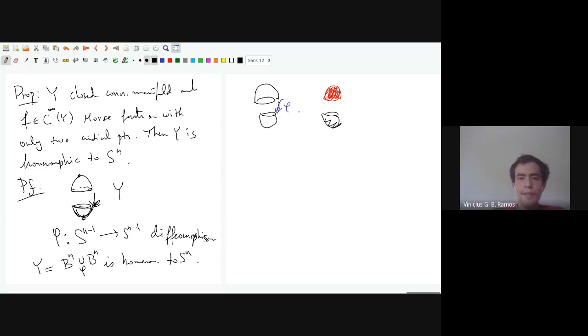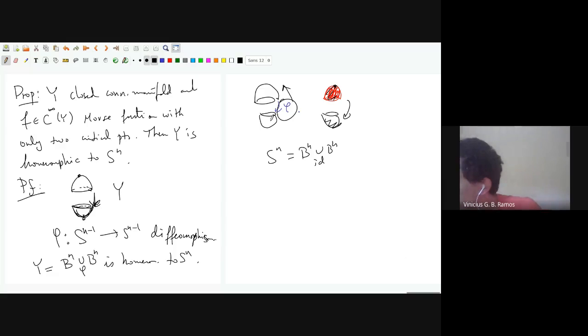So you have to extend this map phi to the interior to be able to actually glue Bn, to find a map from the whole Sn. Okay, so Sn is Bn union Bn with the identity map.